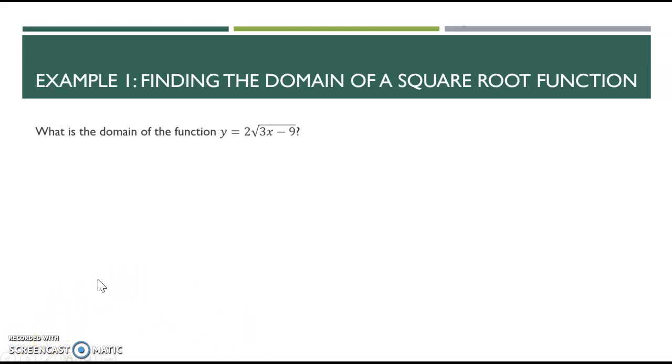All right, so when we're talking about our domain, what we cannot have is an x that allows the inside to be negative. So we have to have a radicand, and that inside has to be greater than or equal to 0. So to find our domain, we just have to solve to make sure the radicand is greater than or equal to 0. So I'm going to add 9, so we're left with 3x is greater than or equal to 9, and then divide by 3, so x is greater than or equal to 3.